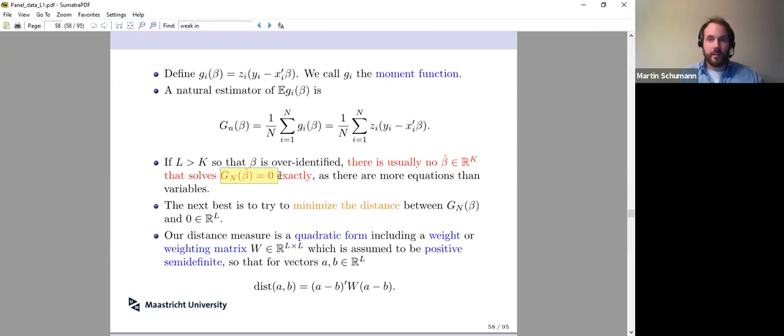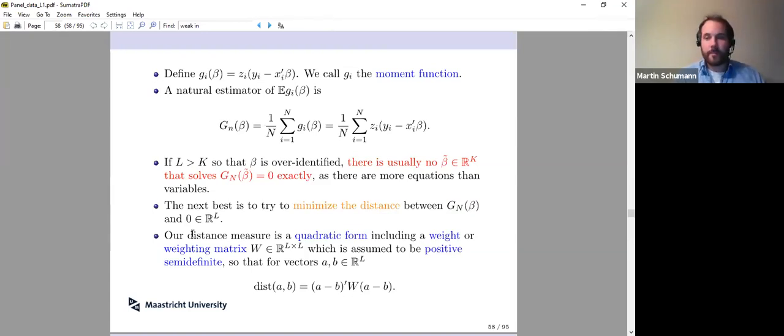Okay, that's bad. Now, what is the next best thing? Well, we can try to get this thing as close to 0 as possible. So we find a beta such that this thing is almost satisfied. What we are doing is that we minimize the distance between our g_n of beta and the vector of zeros.